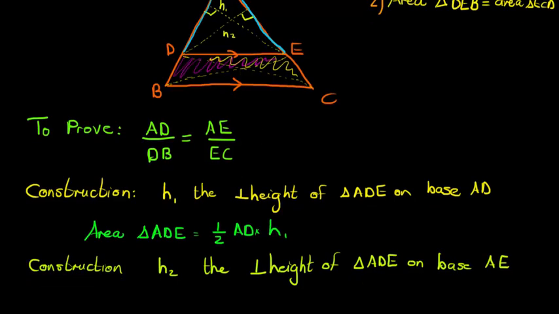So now we have that the area of triangle ADE is equal to a half, and this time my base is AE and my perpendicular height is H2.